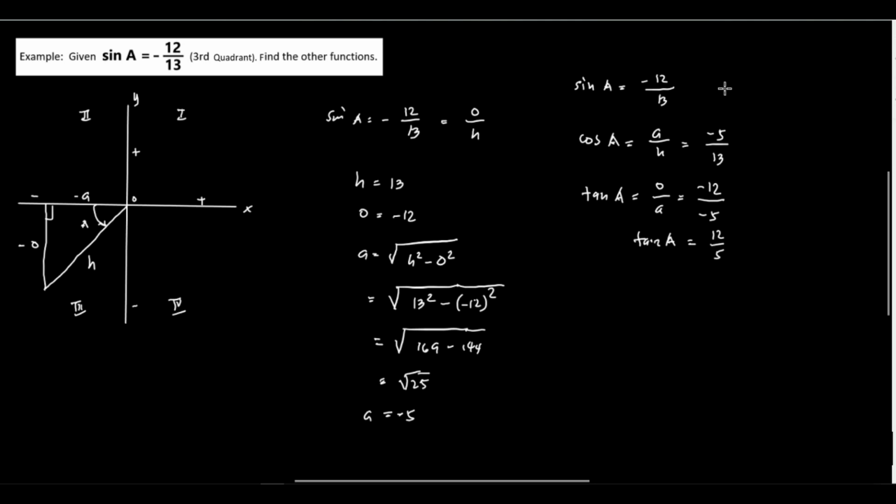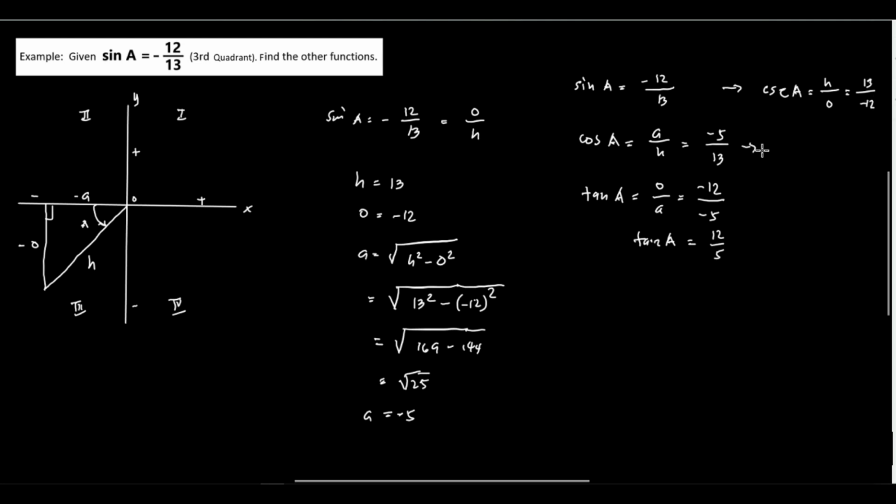While the reciprocal of sine A, that's cosecant A, and it is equivalent to H over O, or 13 all over negative 12.